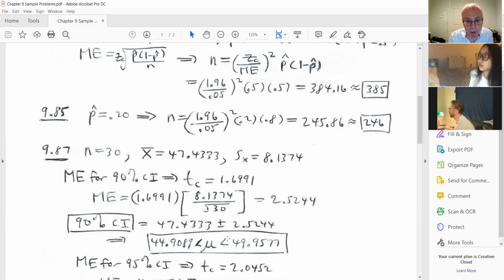So let me stop sharing so you can see the solutions. All right. And this is at the end of chapter 9. So let's share the screen with the textbook.